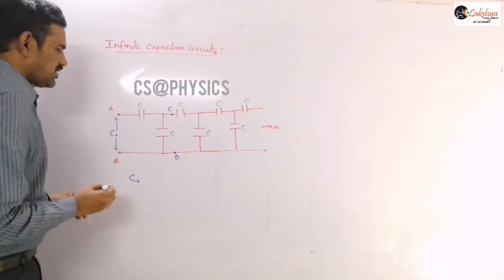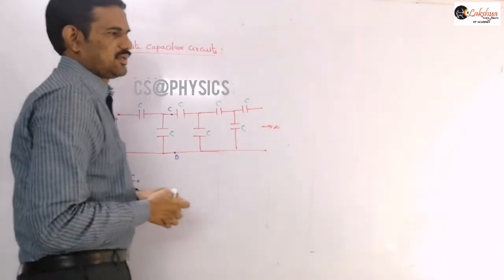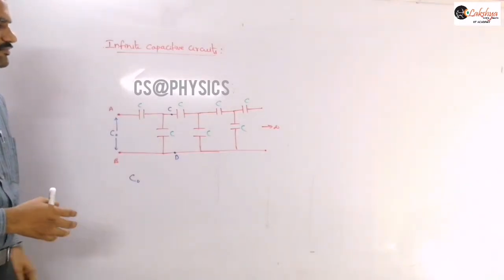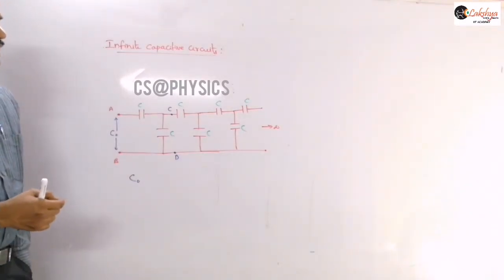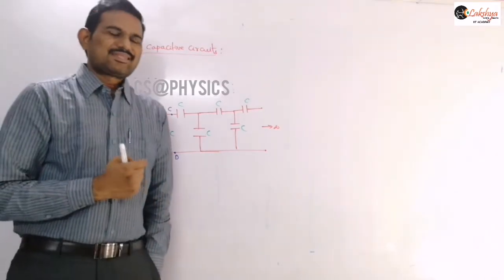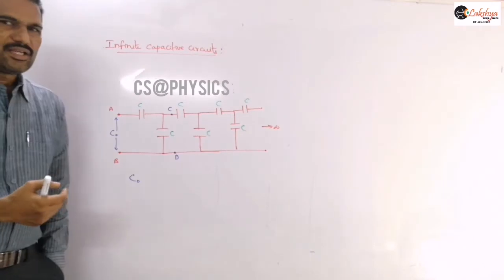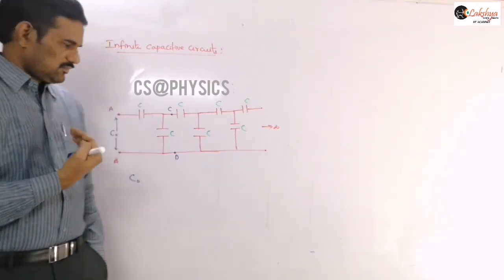Let C naught be the effective capacitance between A and B. Then the effective capacitance between C and D is also C naught.